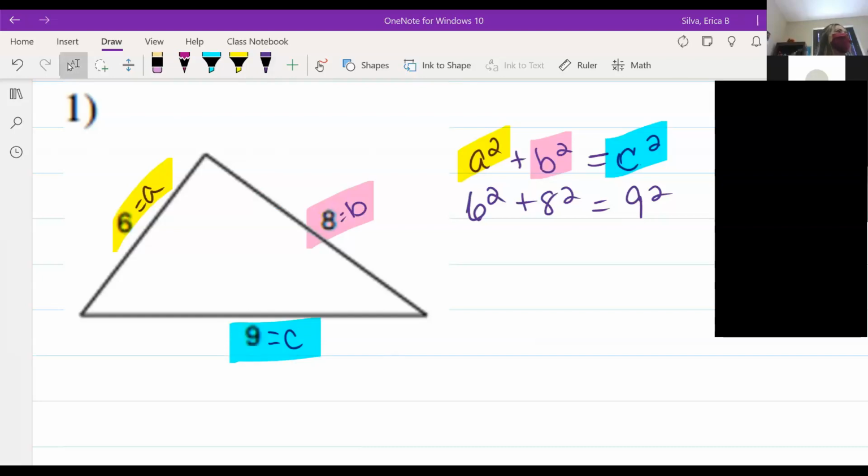I do a lot of little math mistakes, so I always like to use the calculator just so I don't make those little math mistakes. All right, so let's go to our calculator. We're going to do 6 squared plus 8 squared. And what do we get? 100. And then now let's look at 9 squared.